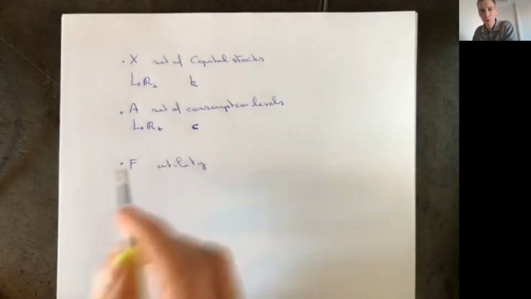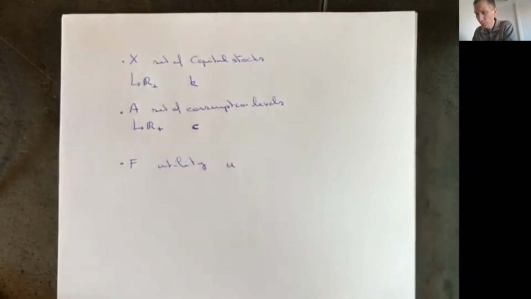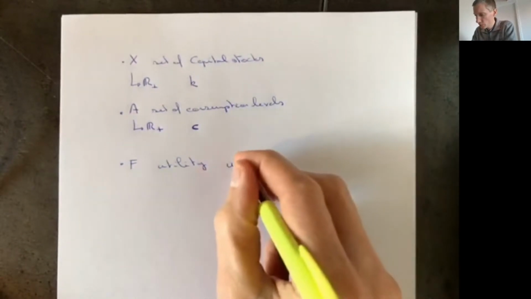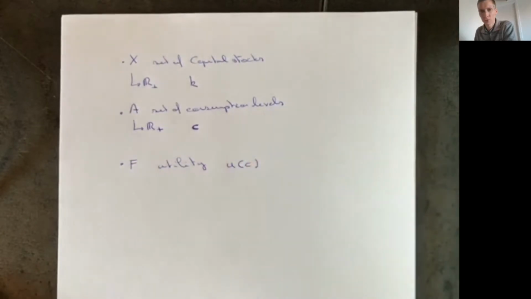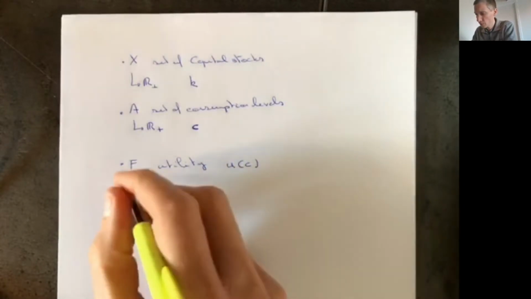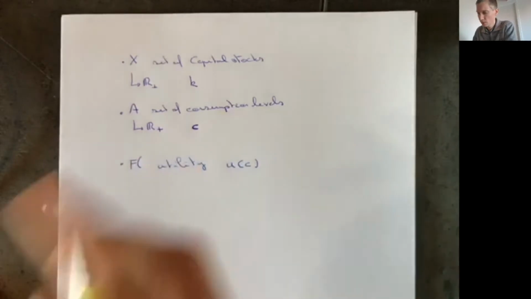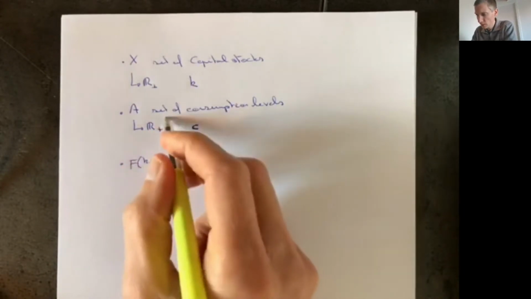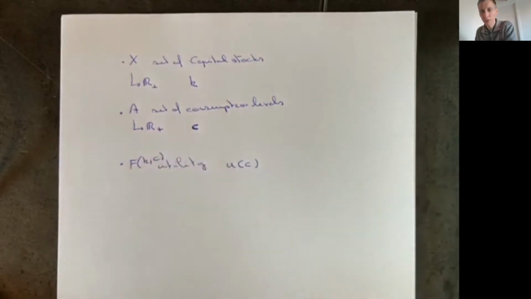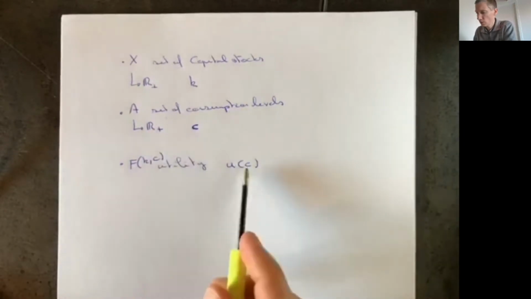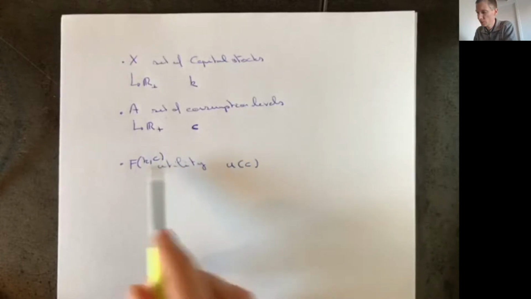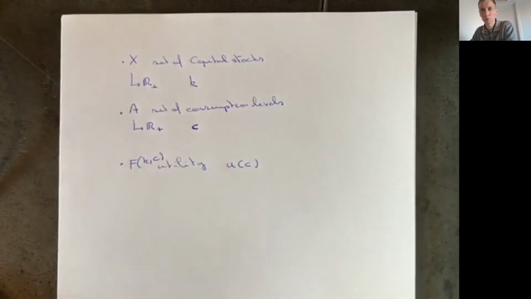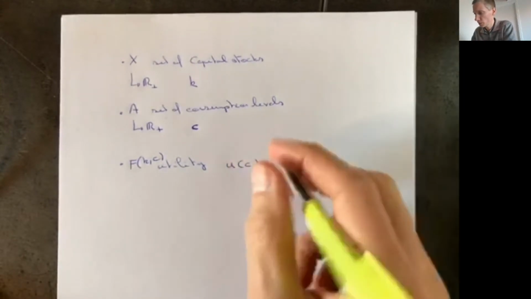And we're not going to denote this by F, we're going to denote this by U. And in this case, U is going to be a function only of consumption. Okay, so in general, we had that F was a function of both the state K and the action C. But now in this model, it's only going to be C, right? So you see that this is more general than this particular form here, which is okay, right? You can be more specific.